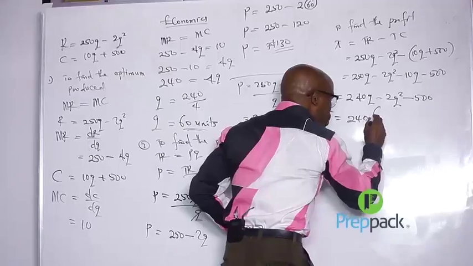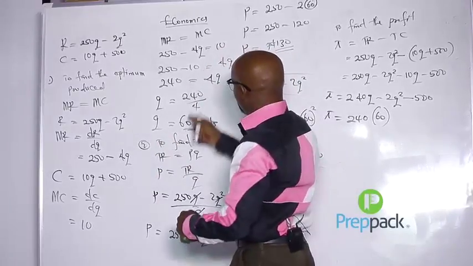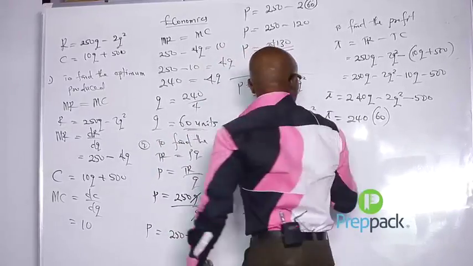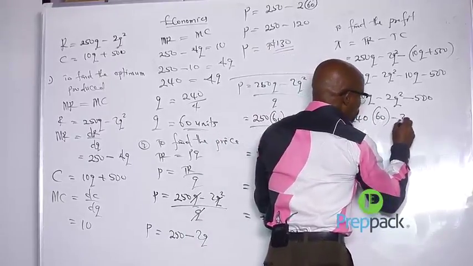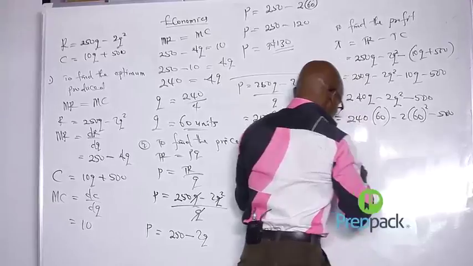Therefore, substitute. My profit now becomes what? 240 inside 60. Good. That was the output we got from the beginning. My output here is 60 units. So 240 inside 60 minus 2 inside 60 squared minus 500.